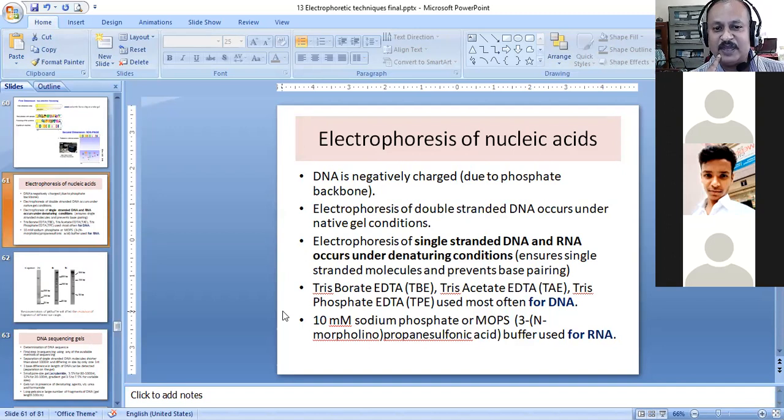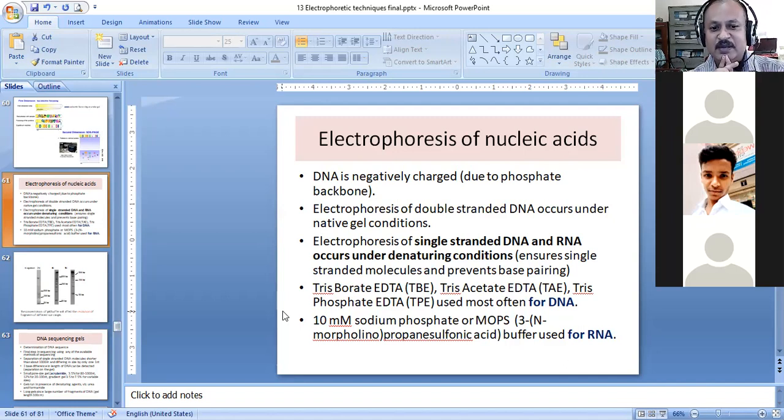Therefore, as we have seen earlier, in the case of proteins, we tried to make a buffer in such a way that the proteins carry a predominantly negative charge. So something had to be done to make the proteins negative. Now, in the case of nucleic acids, they are already negatively charged, and therefore there is not much we need to do about the buffers.